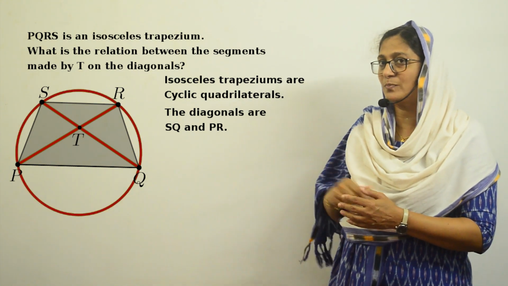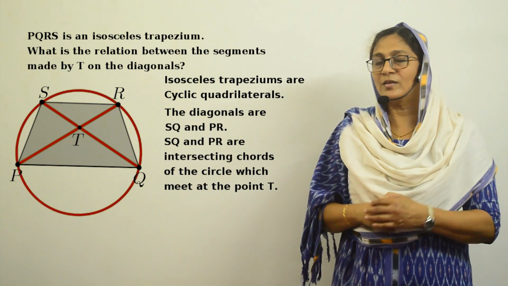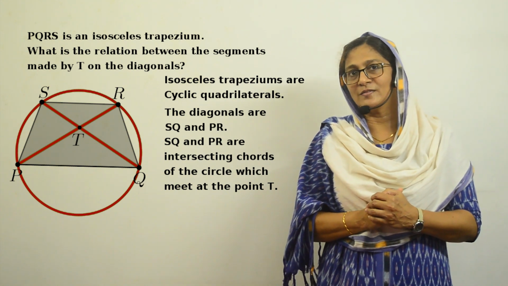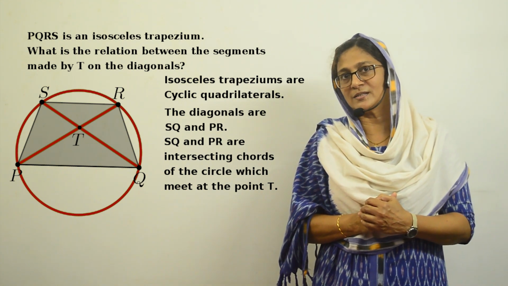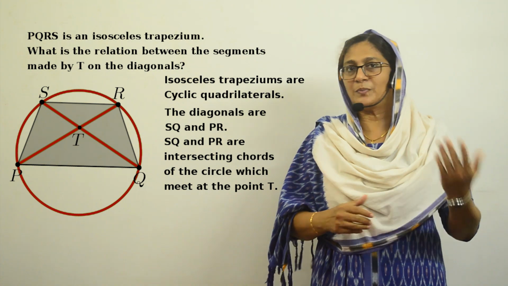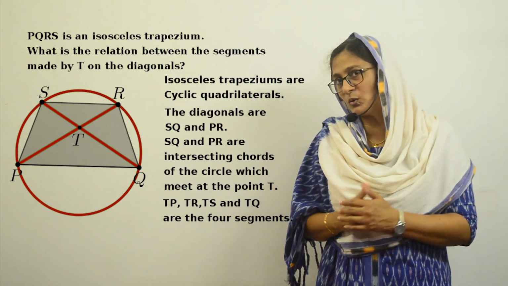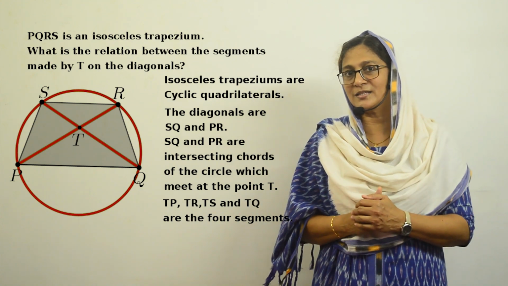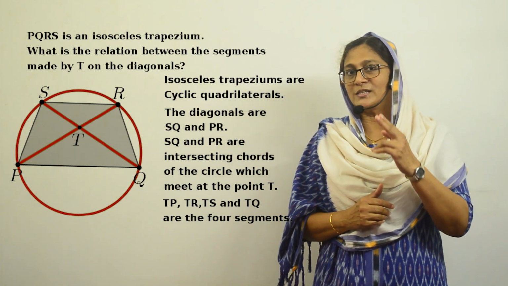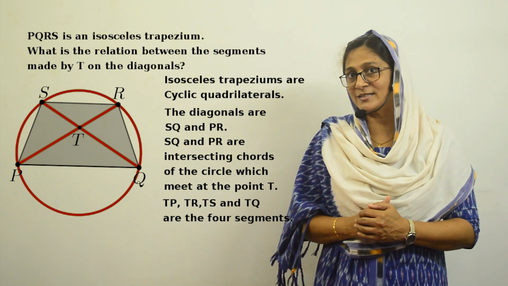Then what are the 4 segments which the point T makes? TP, TR, TS and TQ are the 4 segments which the point T makes on the diagonals.